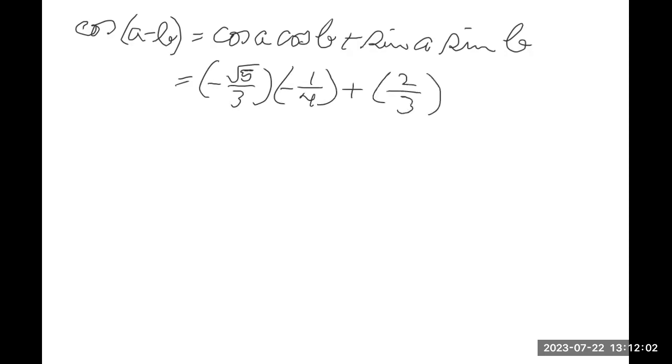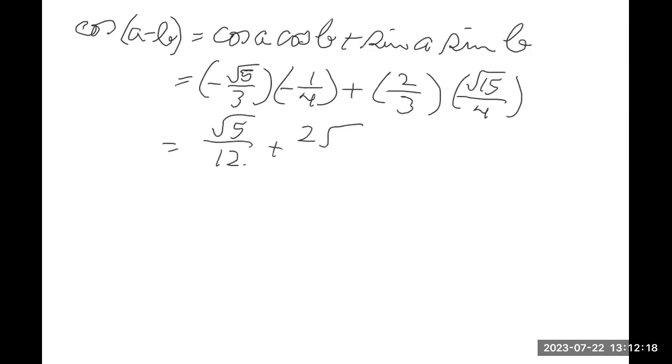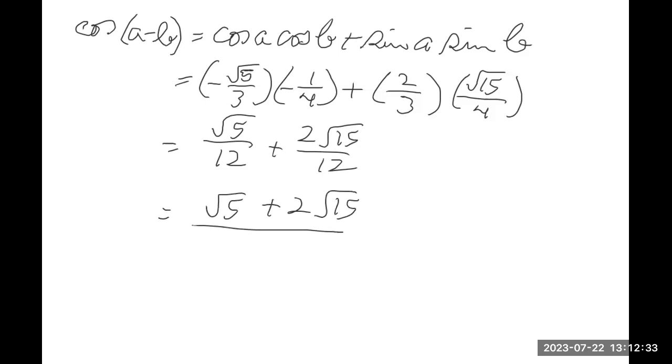Sine B we found was root 15 over 4. The two negatives give you a positive, so root 5 over 12 plus 2 root 15 over 12. So you can now combine these into root 5 plus 2 root 15 over 12. So that's our answer for cosine of A minus B.